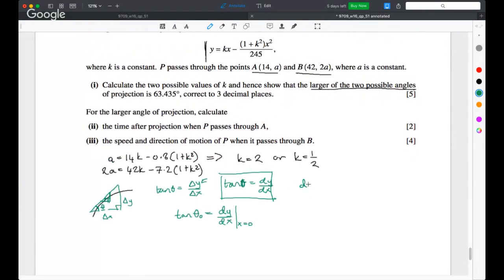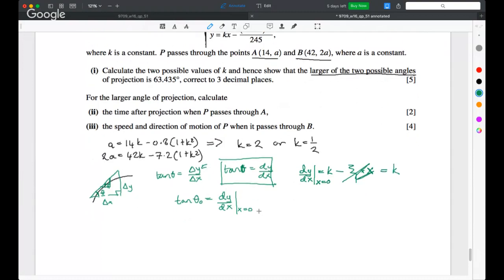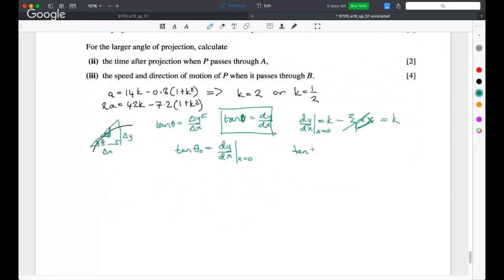So we've got that dy dx. This first term just becomes k, subtracting some constants times x, because this x squared becomes 2x. And then if we evaluate that at x equal to 0, this whole thing disappears, this is equal to k. So we have that the tan of theta is equal to k.